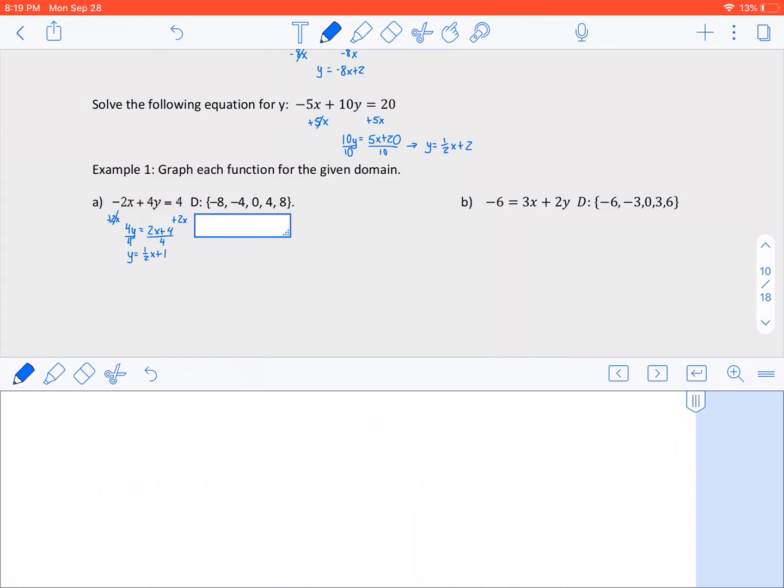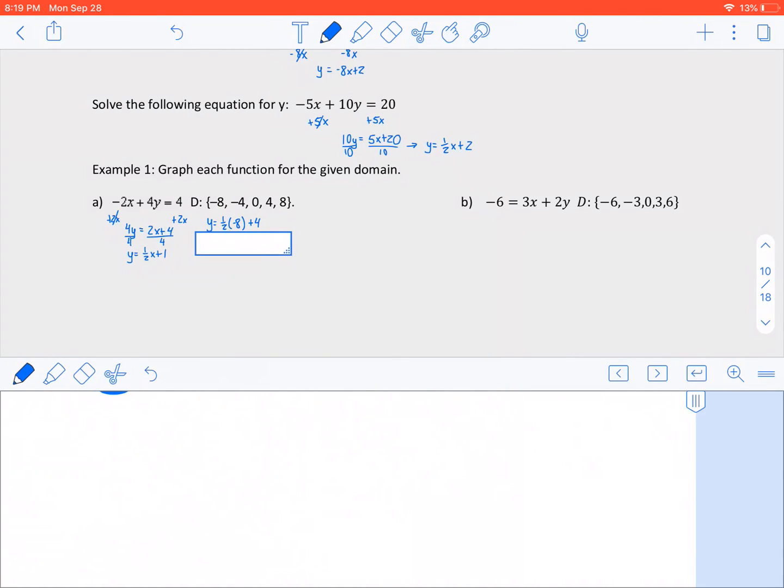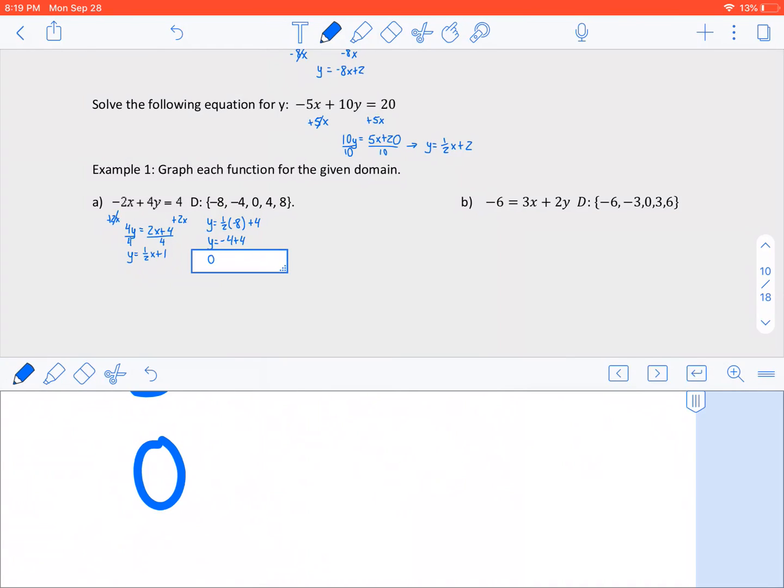So I get y equals 1/2 times negative 8 plus 4. Y equals half of negative 8 is negative 4 plus 4, which is 0.